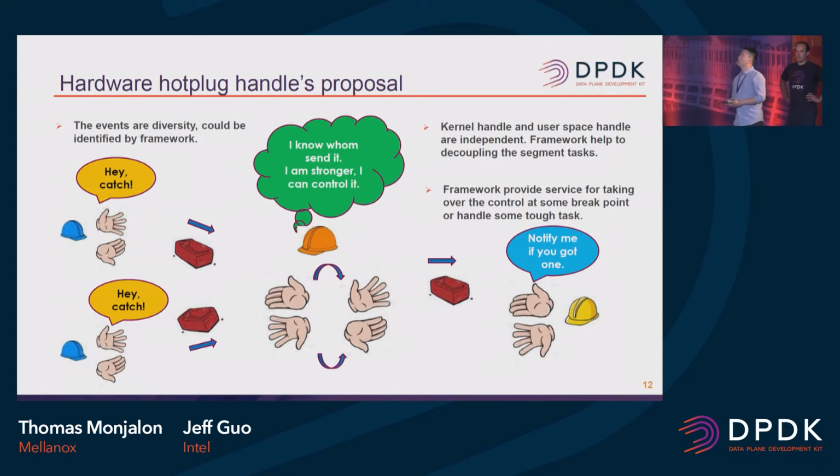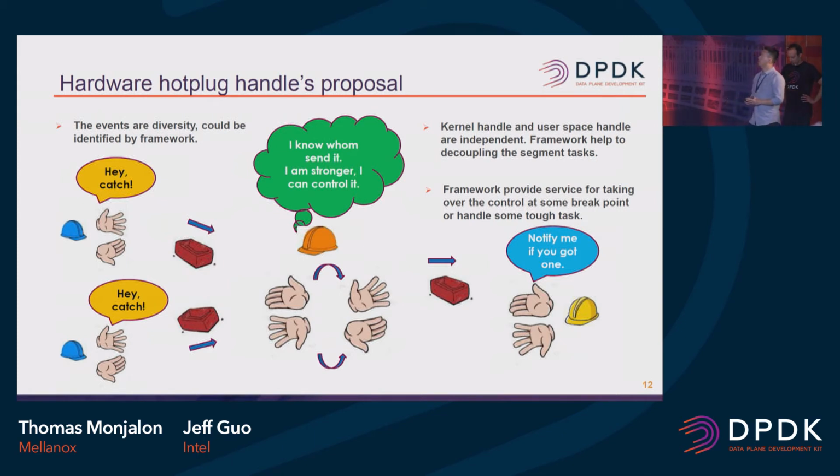So the first, the events: DPDK is diverse. It supports several hardware, kernel drivers, and platforms. So the hardware events should be diverse, so they could be and should be managed by the hotplug framework. So this is the first.